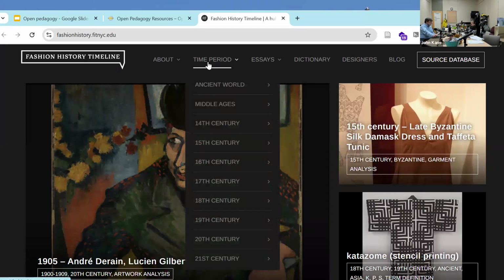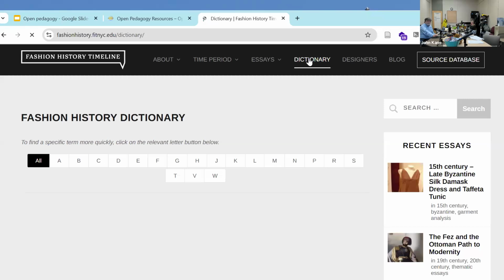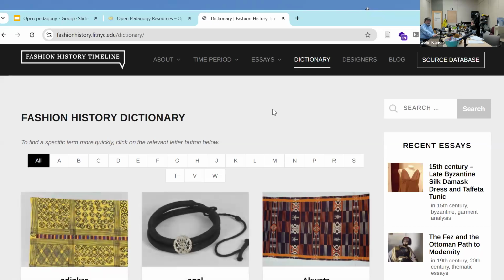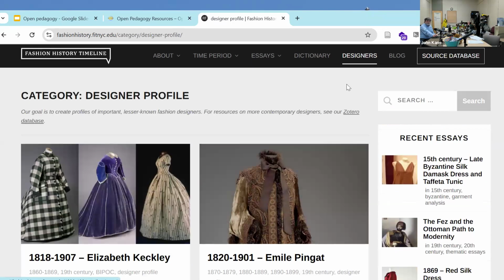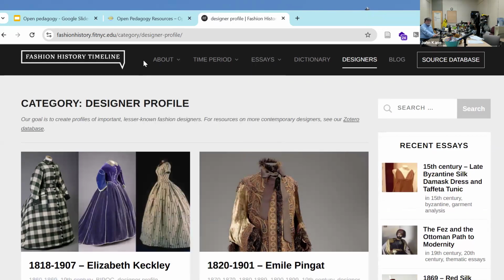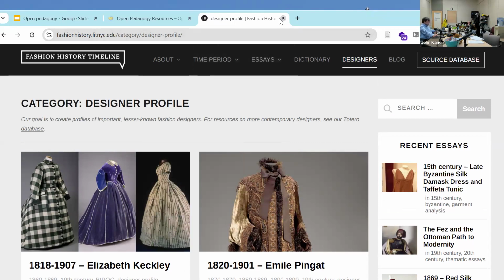As you can see, they've got a pretty wide range of time periods. They also provide a dictionary describing various terms that might not be familiar to many of us, and here are some examples of designers. So it's a really nice example of an ongoing open pedagogy project that can be expanded on an annual basis.